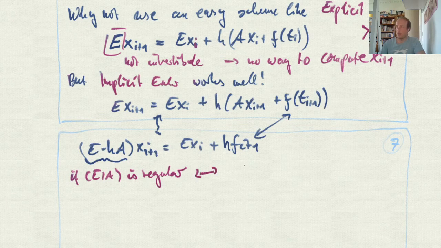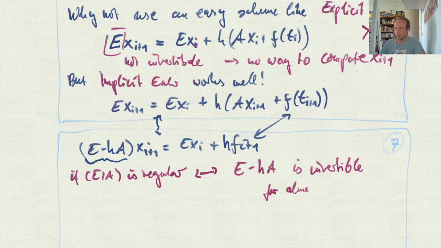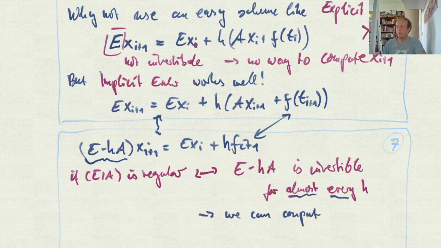But this in particular means that E minus hA is invertible for almost every h. So there might be a few h for which this is not invertible, but they are only a finite number. So yeah, and this means we can compute x_{i+1} from here.